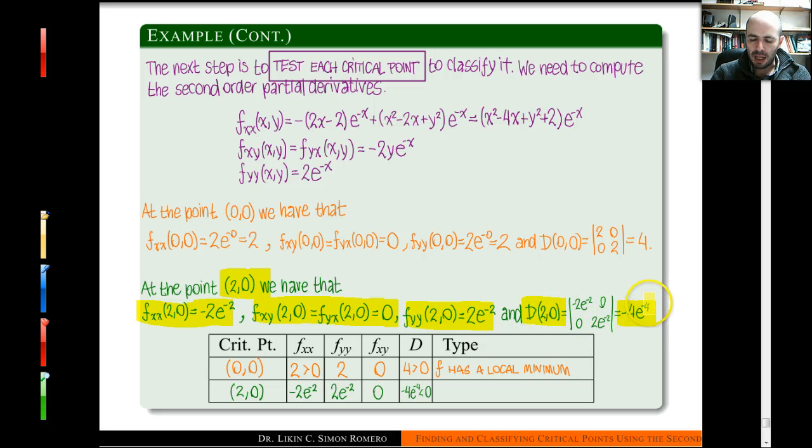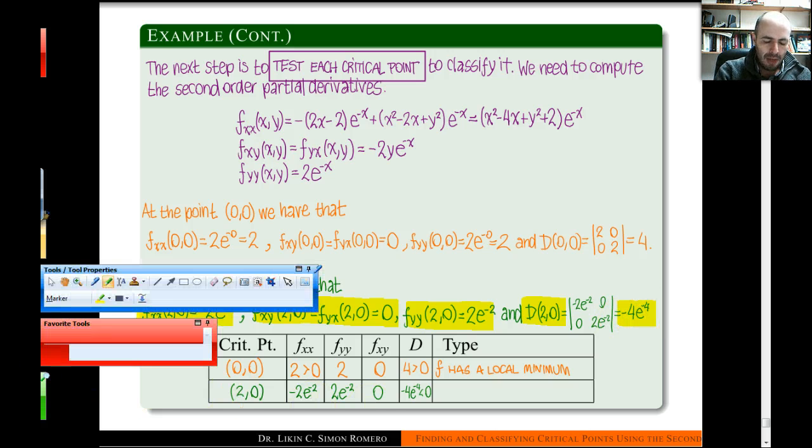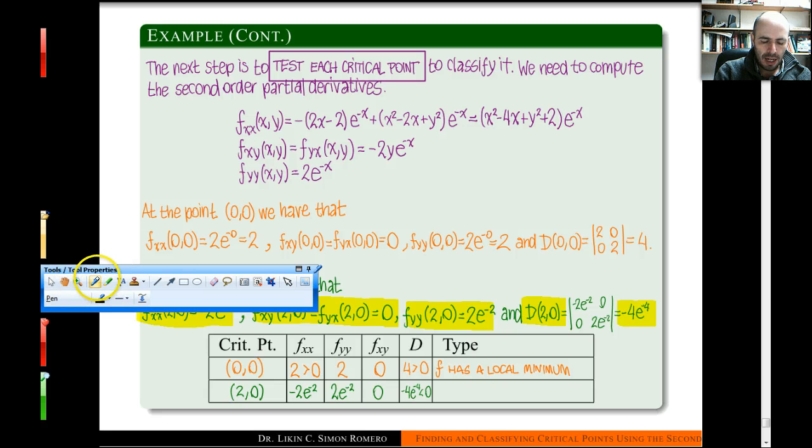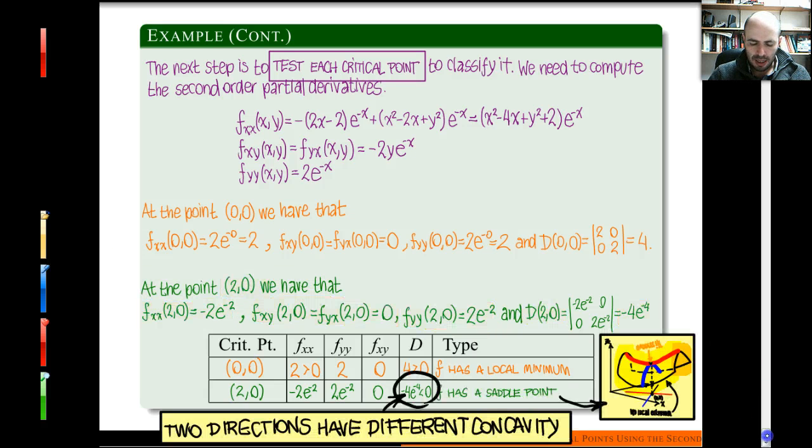Remember, e to the negative 4 is always a positive number, so this is a negative number. Since the discriminant is negative, two directions have different concavity, and f has a saddle point at (2, 0).